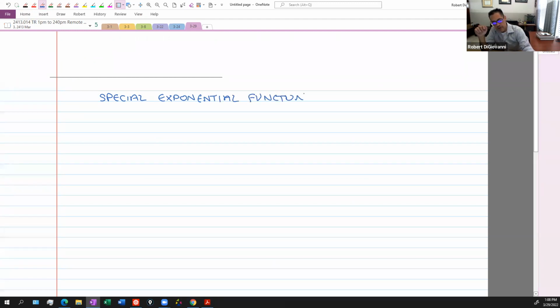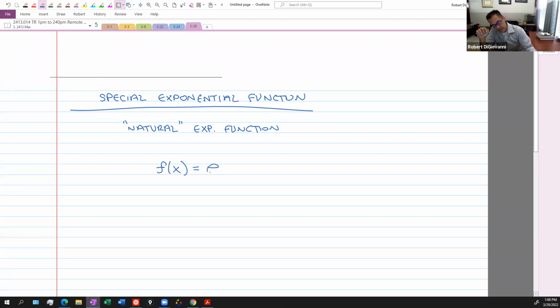I know when I put it up here, you're going to recognize it. It's called the natural exponential function. It is the function f of x equals e to the x.